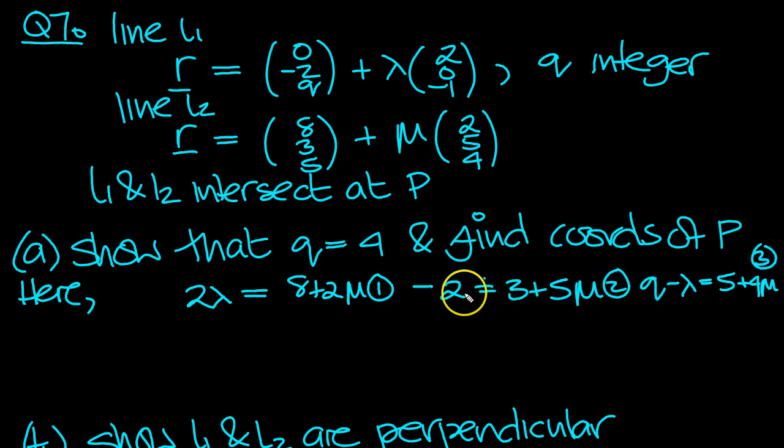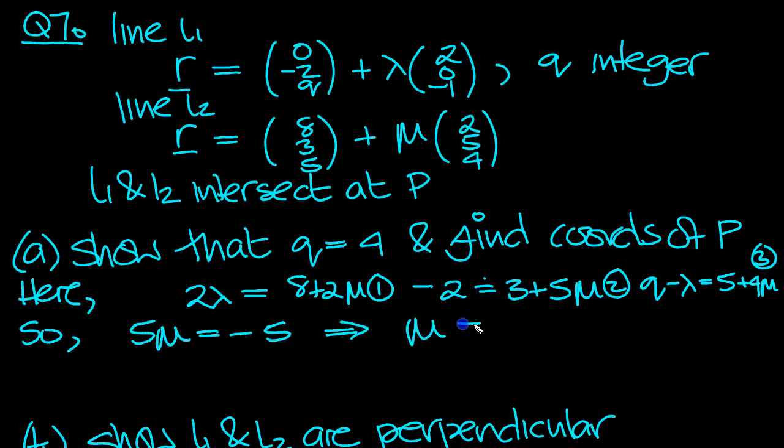So this one here, look at 2, we can get mu straight away. So 5 mu is equal to, so let's just move the 3 over to minus 3. Minus 2 minus 3 is minus 5. So that tells us that mu is equal to, move the 5 from times to divide, is minus 1. So there's mu. Now we've got mu, we can sub it in 1.